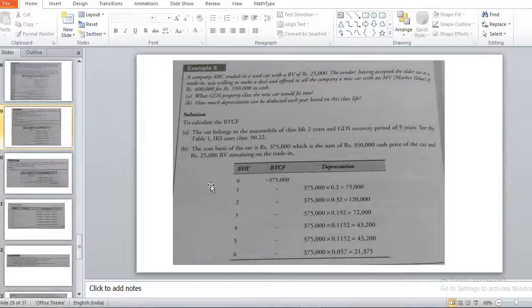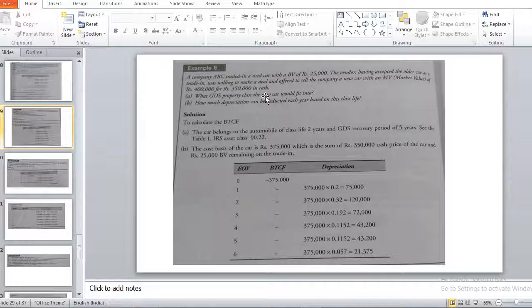The next example is again based on the modified accelerated cost recovery system. Here company ABC traded in a used car with a book value of rupees 25,000. The vendor, having accepted the older car as a trade-in, offered to sell the company a new car with a market value of 4 lakh for rupees 3,50,000 in cash.